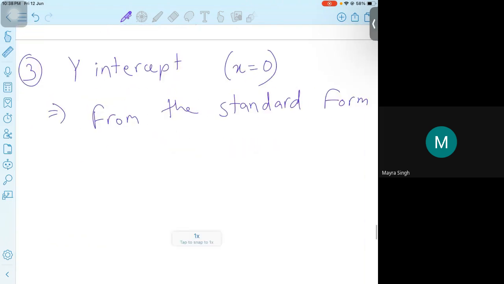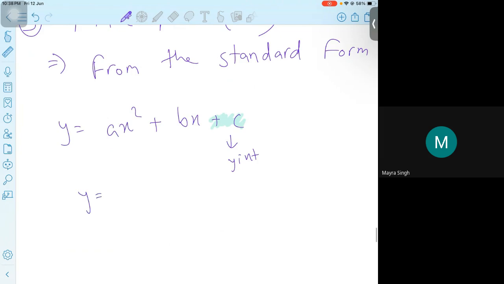Again, if you can recall, y is equal to ax squared plus bx plus c for the standard form. And we had discussed that this plus c is what determines the y-intercept. So if our example is something along the lines of, let's say, y equals 2x squared plus 12x plus 5, then this part tells me that my y-intercept is going to be at y equals 5, and the shape of this curve is going to be positive 2.